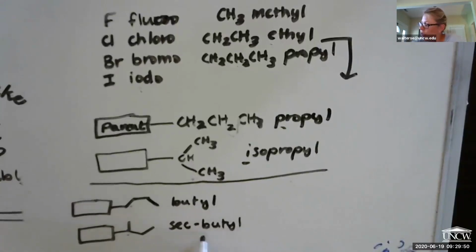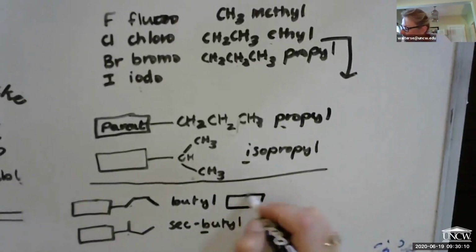And you alphabetize by the B because sec is referring to a number and numbers don't get put into alphabetizing. It's just like if you had dimethyl, you still alphabetize by the M in methyl and not the D in di.